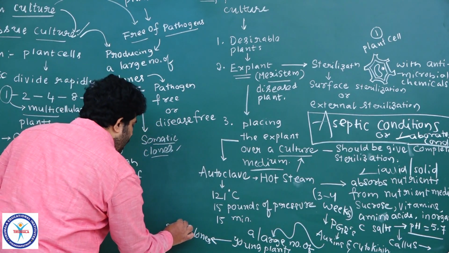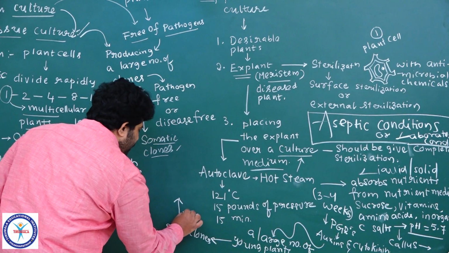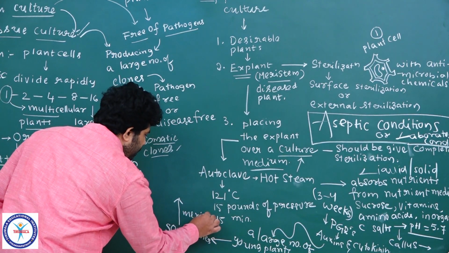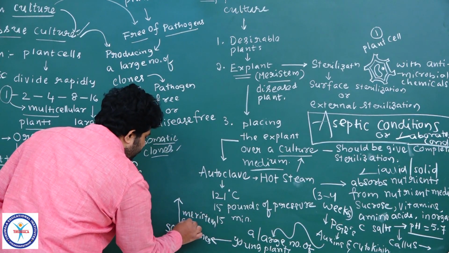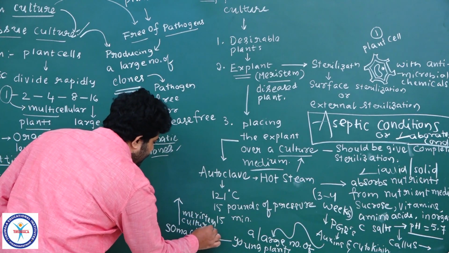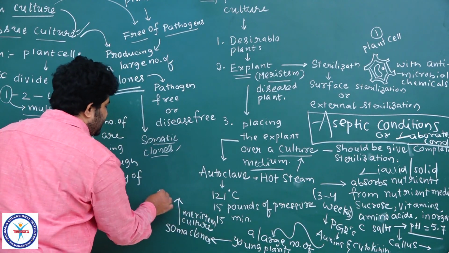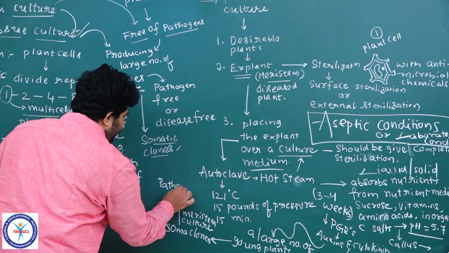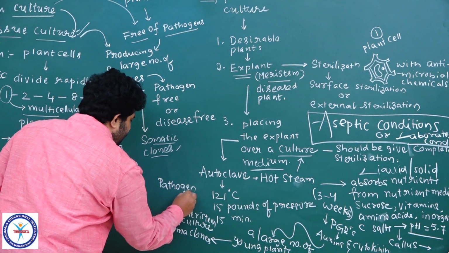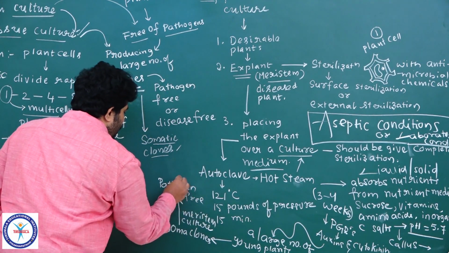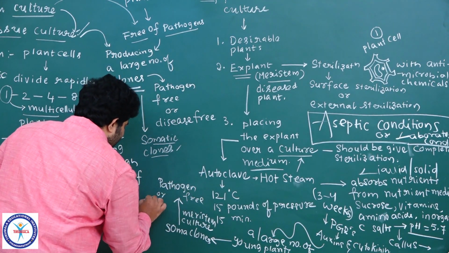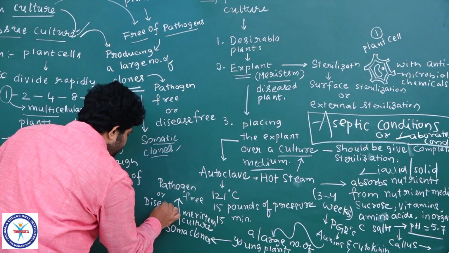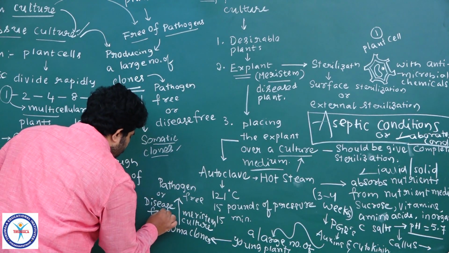These Soma clones that we developed from Meristem culture are young plants that are pathogen free or disease free.